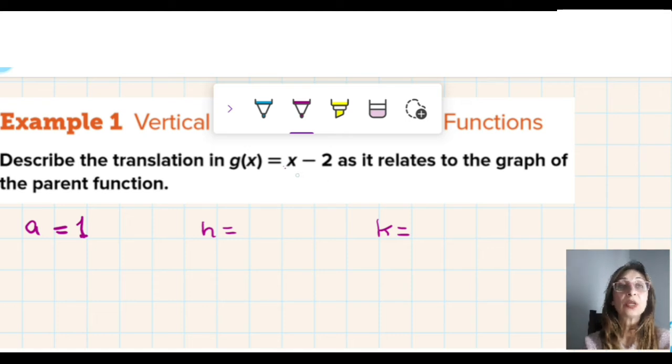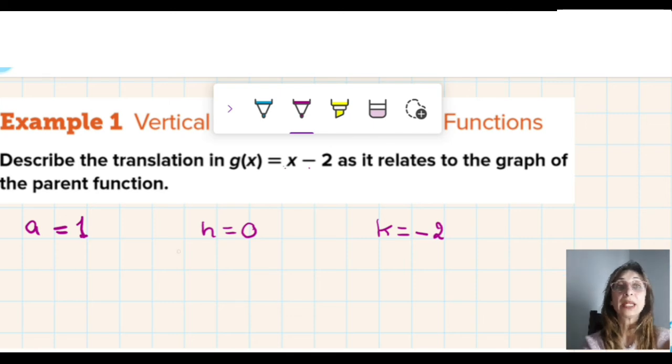And h is the number that is added to or subtracted from x inside the bracket. Here we have x by itself, so this means that h is 0. Now k is the number that is outside the bracket, and it is added to or subtracted from the bracket. And of course here k is -2.